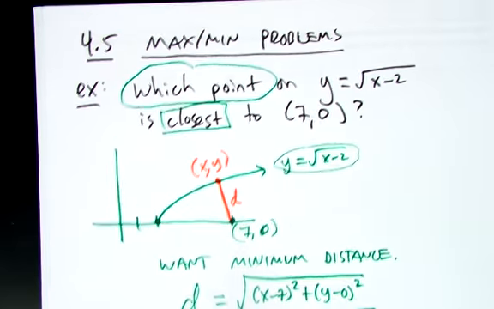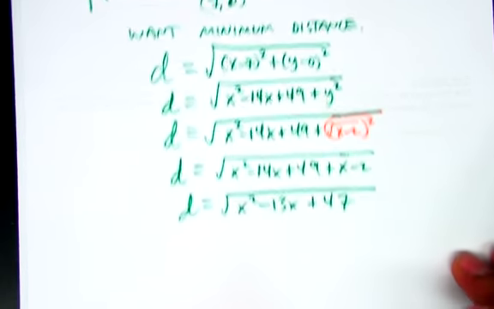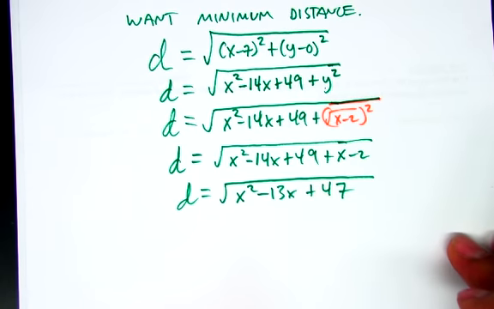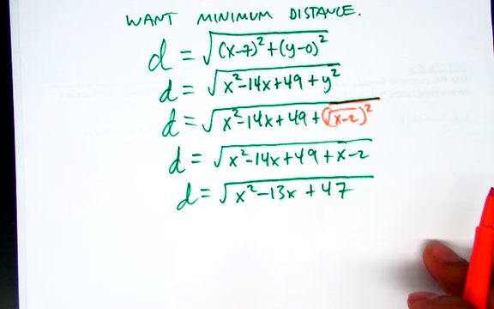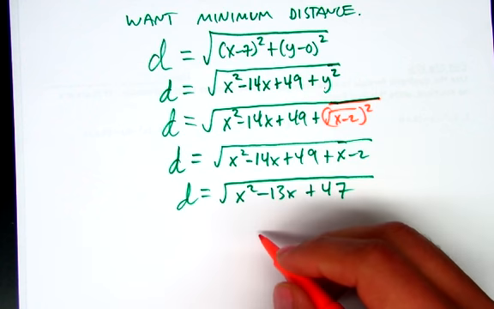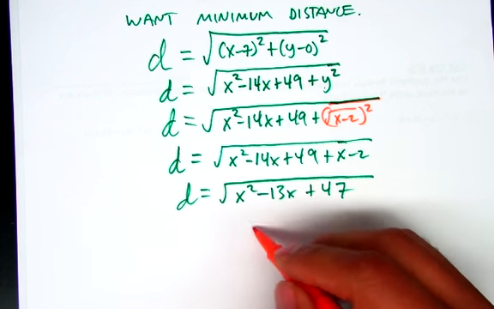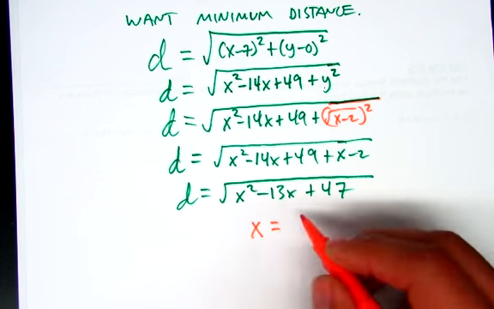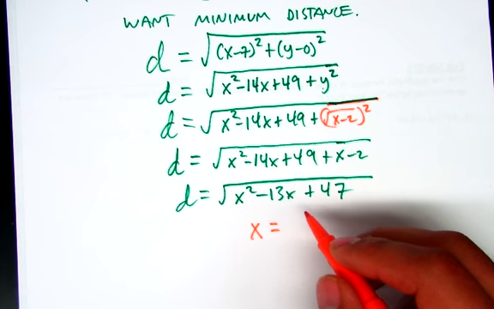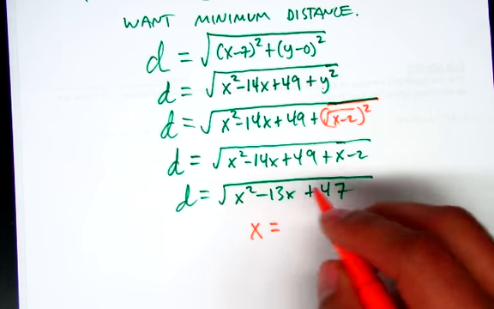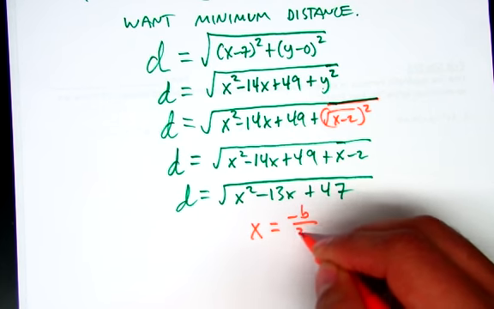Okay, they want, and I always go back to the original question, which point is closest? Well, is there a shortcut or anything that we've learned that could help us find the x? Now's your time to shine. What's the shortcut for? Yep. You could complete the square, but the shortcut would be? Yes, opposite of b over 2a. Good.